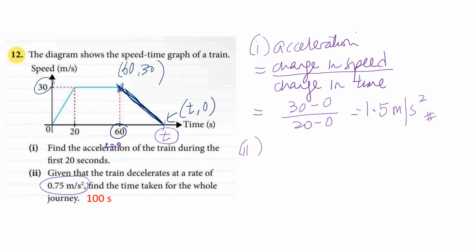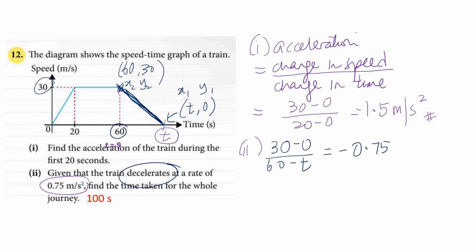You can label it as x1, y1, x2, y2, or label it as x2, y2, which is easier. So that will give you 30 minus 0 over 60 minus t, and this is equal to negative 0.75, as we have done earlier, because we're talking about deceleration.